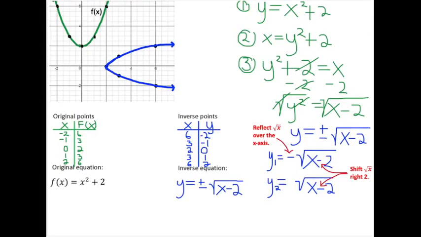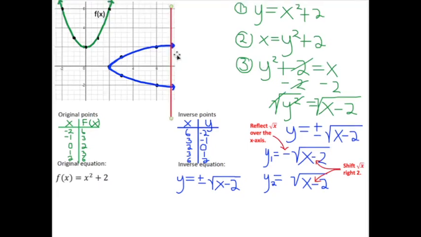Now, if you remember, to test graphically whether a relation is a function, we use the vertical line test. So let's go ahead and try that on the inverse relation that we have here. And so here's our vertical line. Notice as I move the vertical line across the graph, you can even see the points that we pointed out, like right here, the point 3, negative 1 and the point 3, 1.